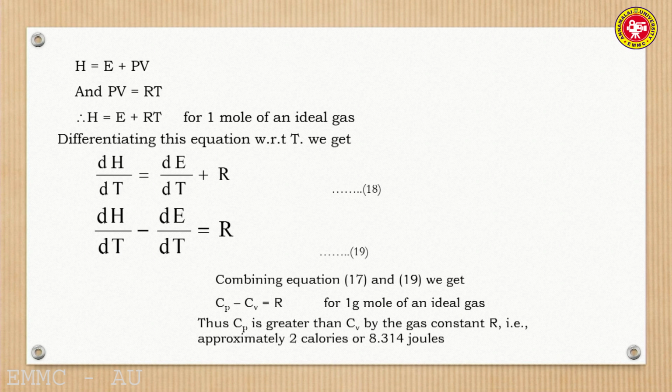Therefore H = E + RT for 1 mole of an ideal gas. Differentiating with respect to temperature, we get dH/dT = dE/dT + R, or dH/dT − dE/dT = R. Combining equations 17 and 19, we get Cp − Cv = R. For 1 gram mole of an ideal gas, Cp is greater than Cv by the gas constant R, which is approximately 2 calories or 8.314 joules.